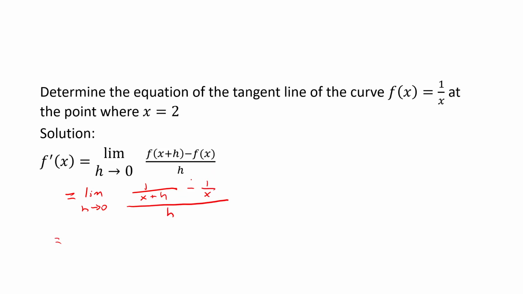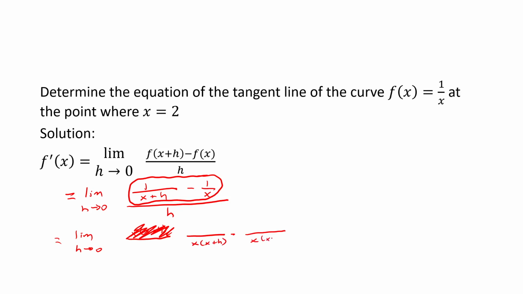In that numerator, I have a common denominator of x times x plus h under each one of those fractions. So my first numerator will now be x, my second numerator will now be x plus h, and my denominator of the whole thing will be h.